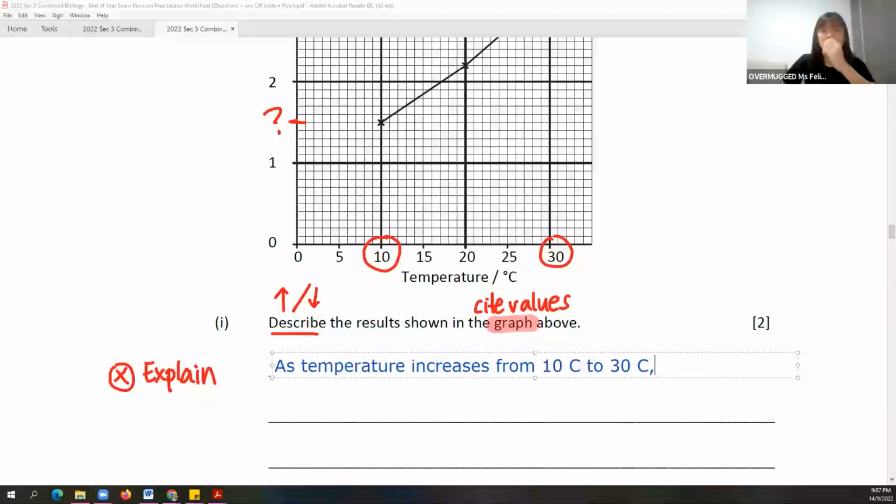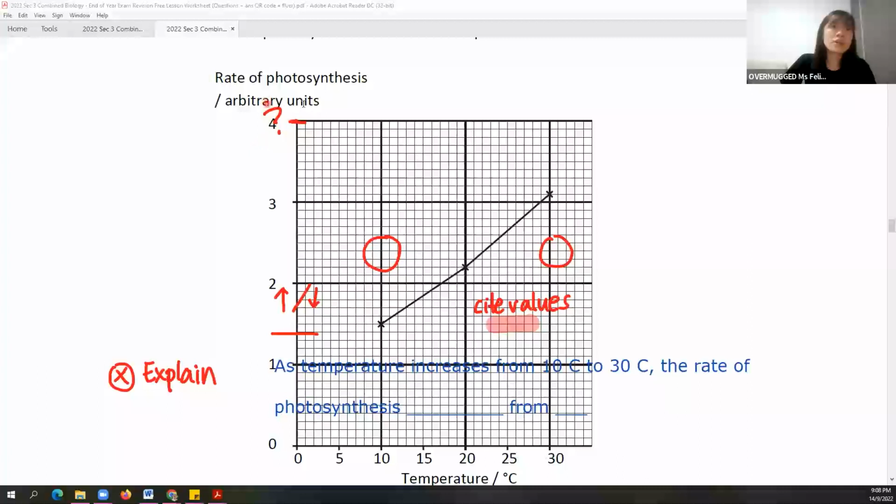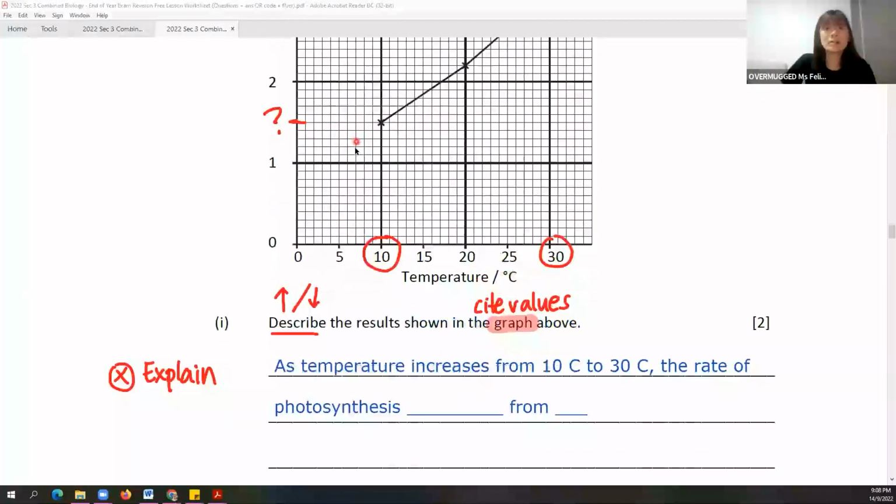Then you mention what happened to the rate of photosynthesis. Then you tell me whether it increases or decreases, from how much, and based on the y-axis, what's the unit? They give the unit of arbitrary unit, and you just follow their units.